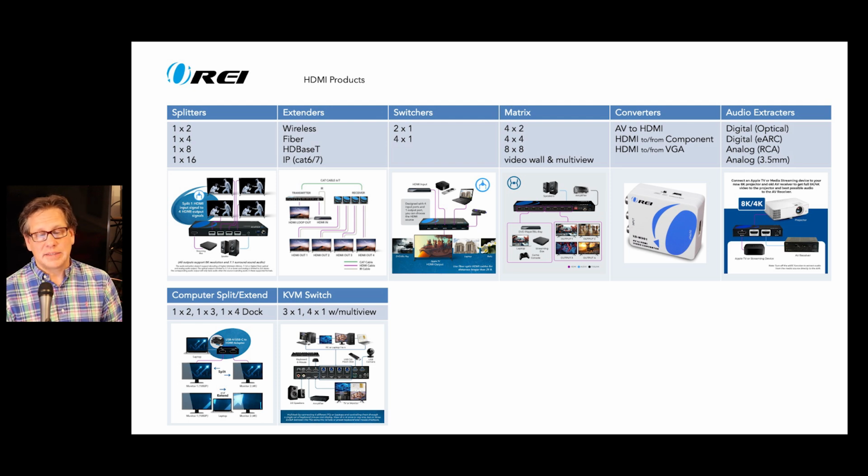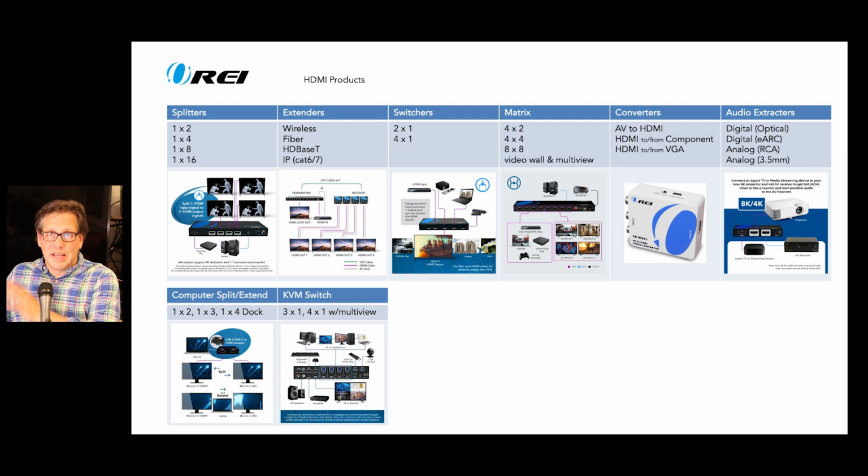They have wireless, fiber, HDBaseT, and IP Cat6/7 solutions. They also have switchers, so you can switch between 2 sources going to 1 output. They have matrix switches, so up to 8x8 matrix switches, and they even allow for video walls and multi-view.